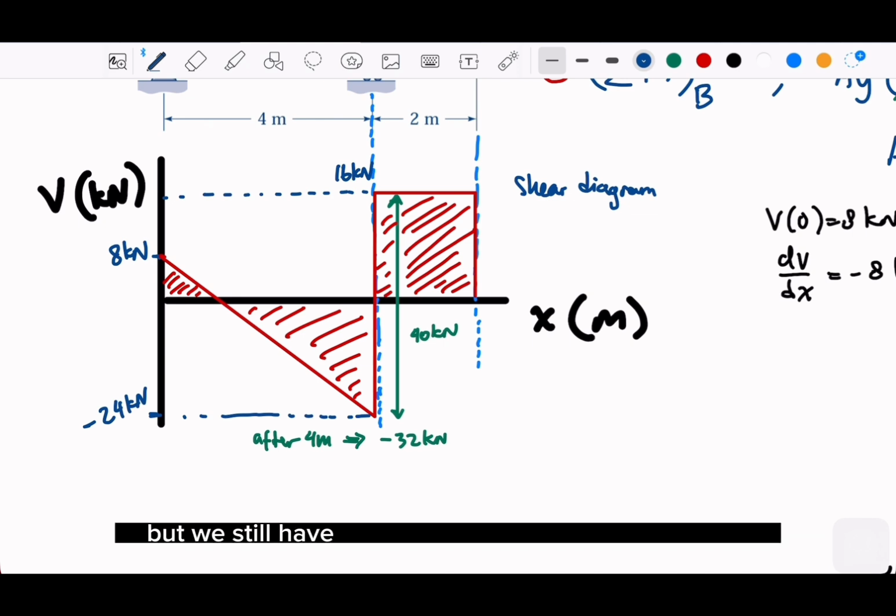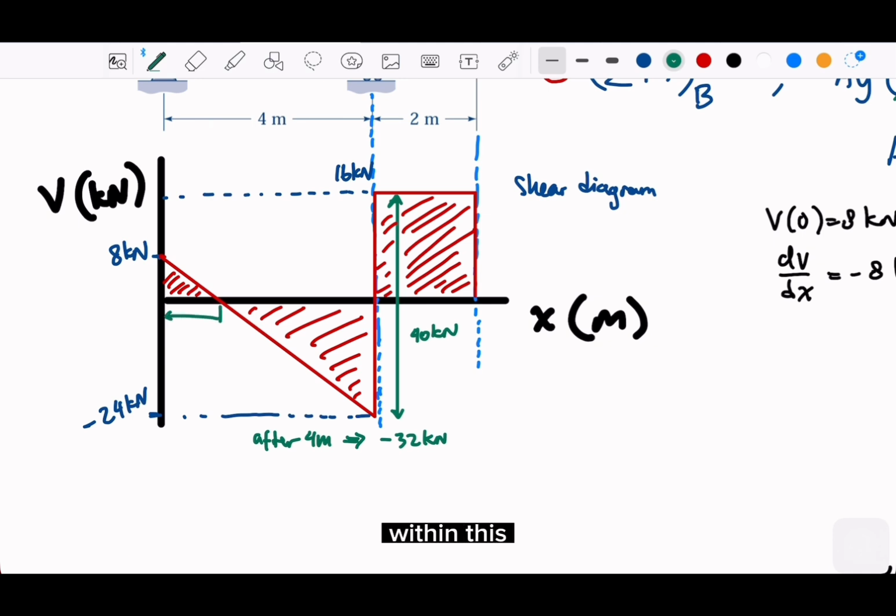But we still have one distance that we need to find within this. Let me just write this as xm. If you want to calculate xm, we can take that. Let me write here.